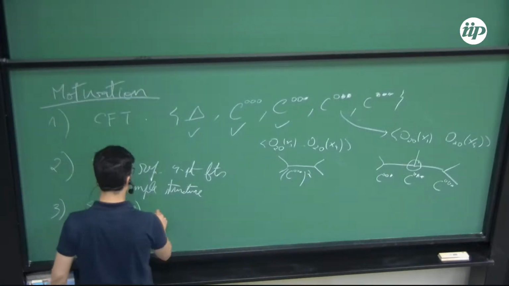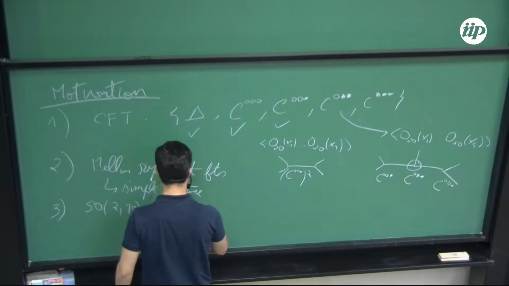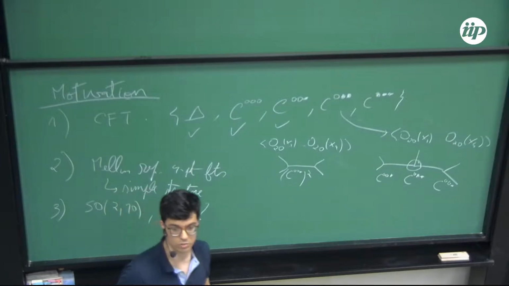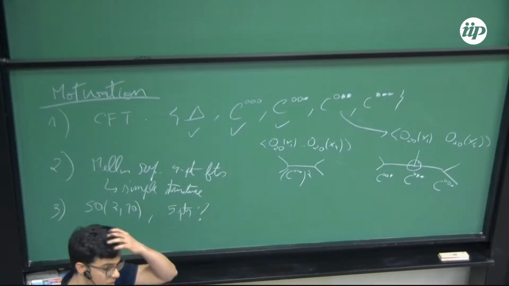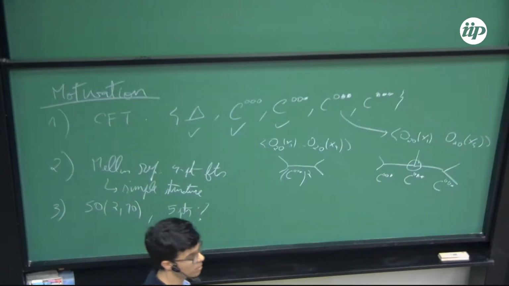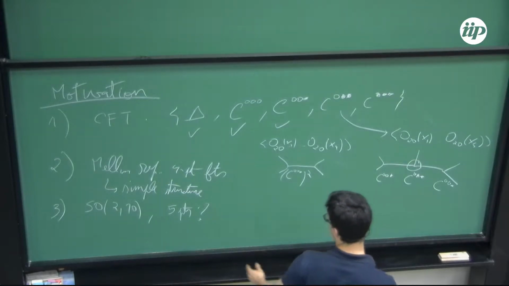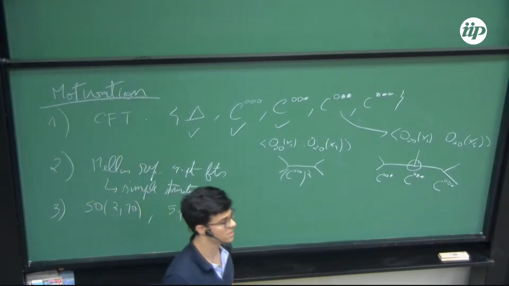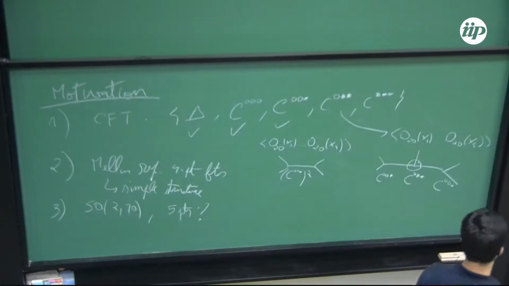So it's interesting to wonder if this is going to show up at 5 points or even higher. In order to understand if this happens, we have to start dealing with these objects to see if this enhanced symmetry really persists at higher points. So I think these are the main motivations.